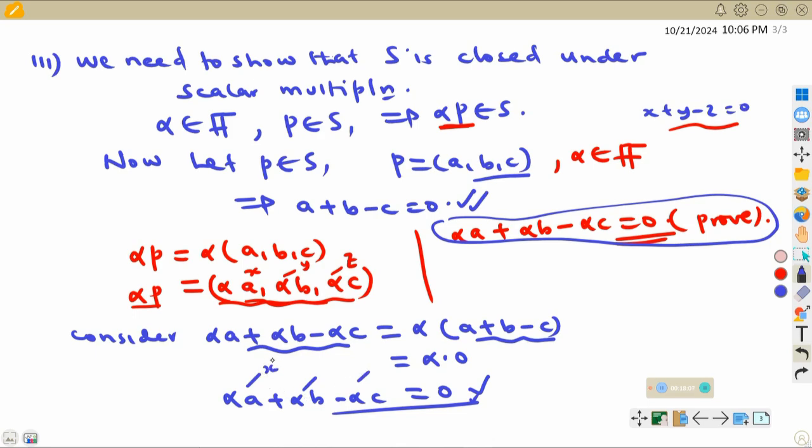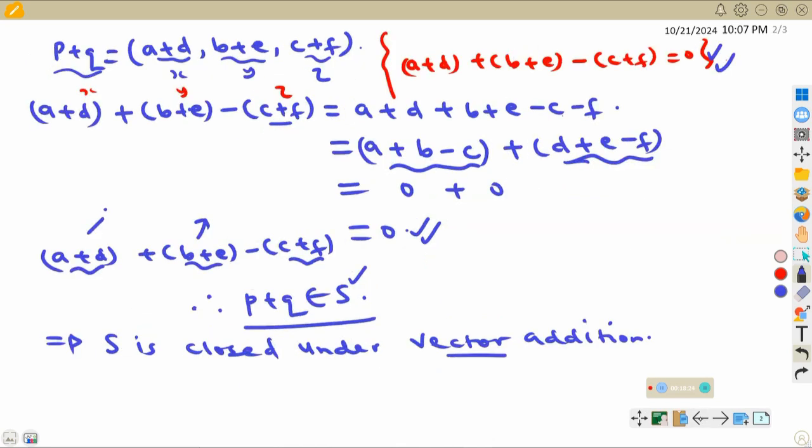But what are alpha A, alpha B, alpha C? These are the x coordinate, y coordinate, and z coordinate for alpha P. We have seen that when you add the x component and y component and subtract the z component, you actually get 0.